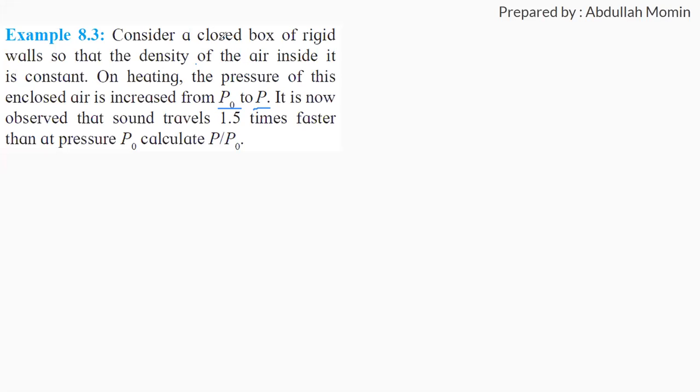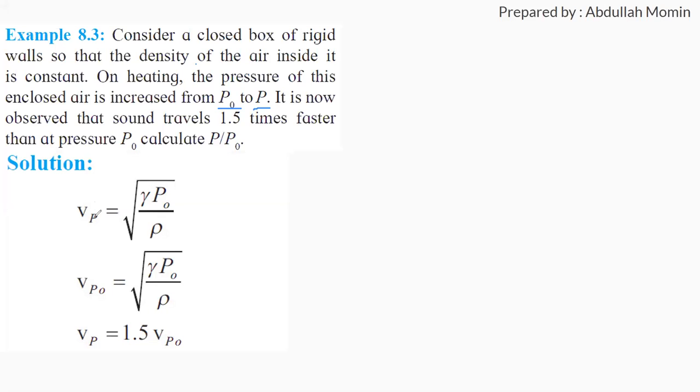So we have the formula: velocity of sound is equal to square root of gamma P upon rho, where gamma is the ratio of specific heat capacities, P is the pressure, and rho is the density. So V at P naught is equal to root of gamma P naught upon rho.